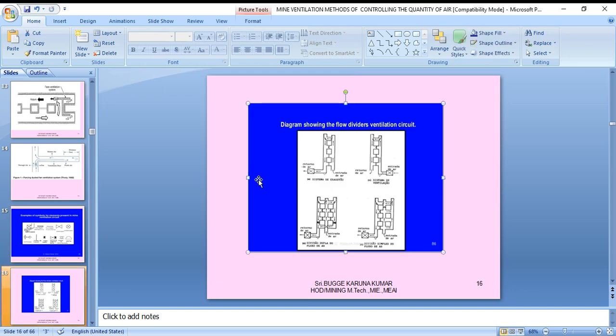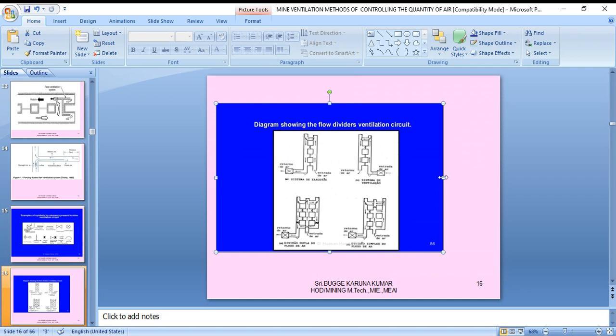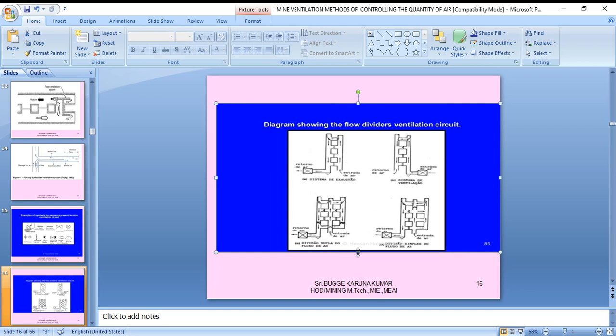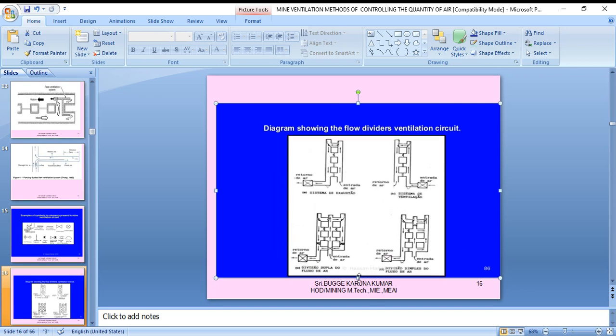Some drawings are also given, showing how the air generated by the fan is distributed. See here, return air. This is the air entering, ventilating and coming back. This is another model, ventilated going like this.